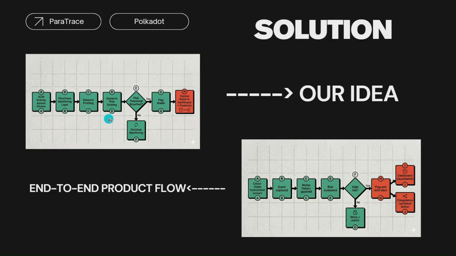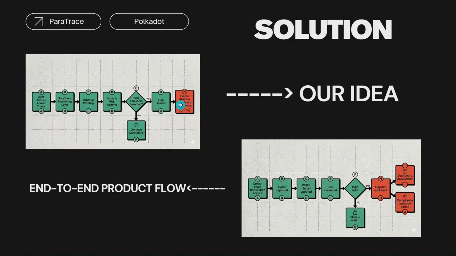There is dynamic risk scoring based on its behavior and all the chains that it interacts with. If the risk threshold is breached, it flags the wallet and exposes alerts to the dashboard and also alerts to the protocol. If it doesn't exceed the risk threshold, it continues monitoring.